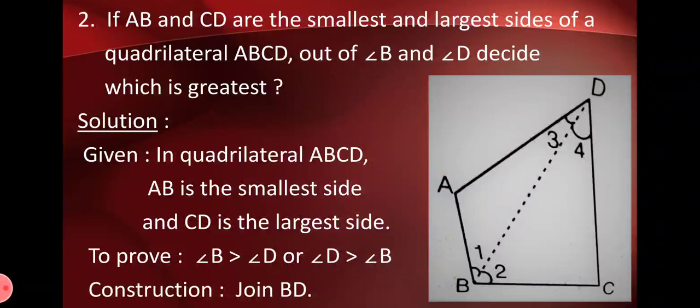We join the two vertices of the quadrilateral, that is BD, that is, we draw a diagonal in the quadrilateral. Now when we draw a diagonal we get two different triangles. One is triangle ABD, another is triangle BCD. So let's work it out.